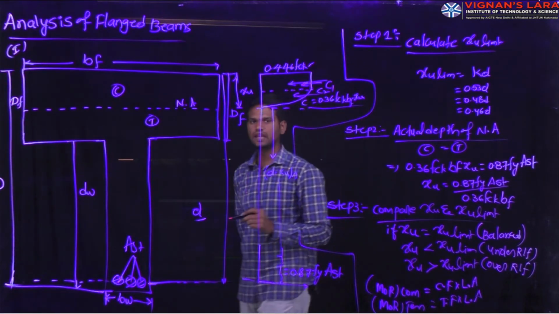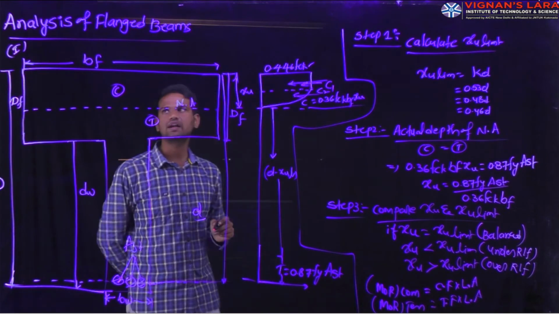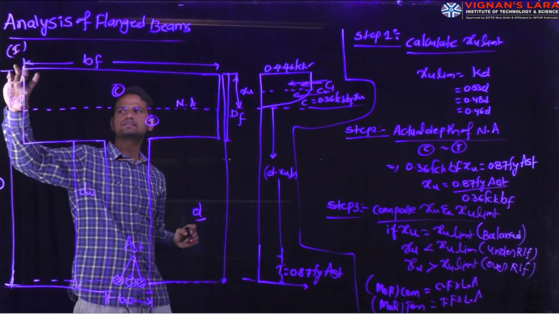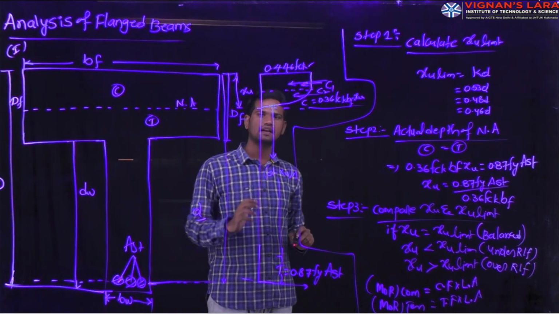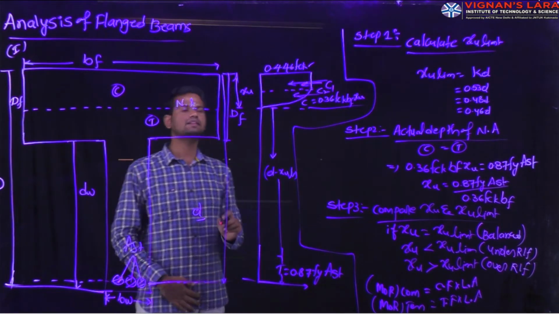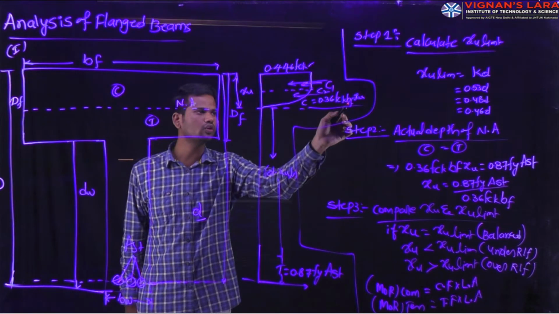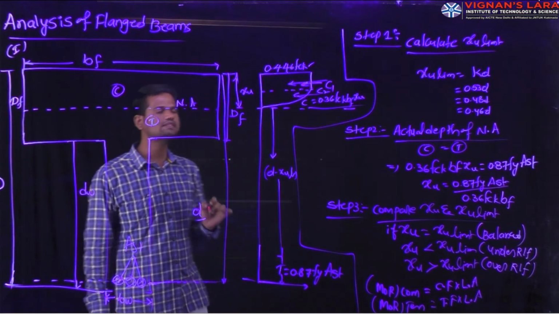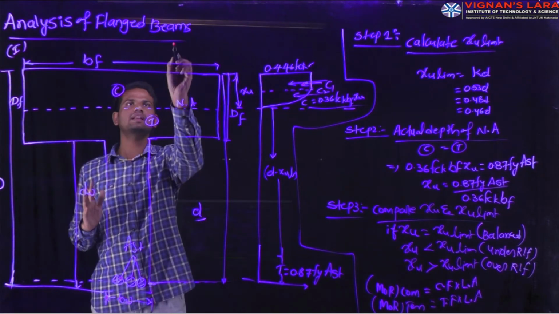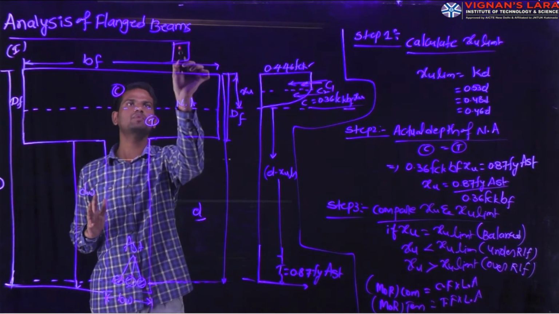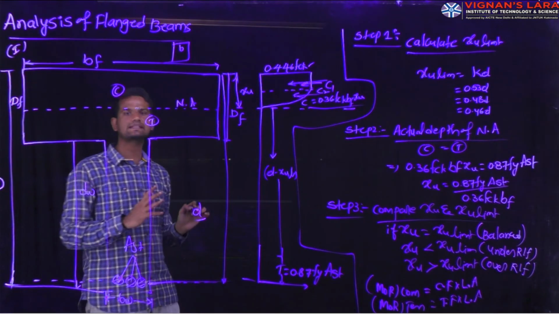Here B is the width of the flange and XU is the depth of the neutral axis. In our particular condition, instead of the total width of the beam, we take this as BF, that means the width of the flange. In the previous rectangular condition, for a rectangular beam, we considered the width of the beam as B.